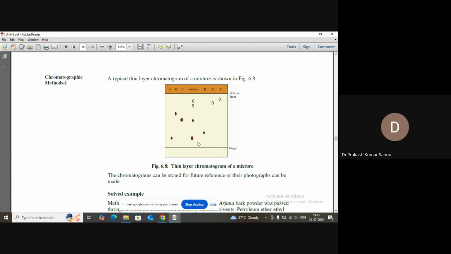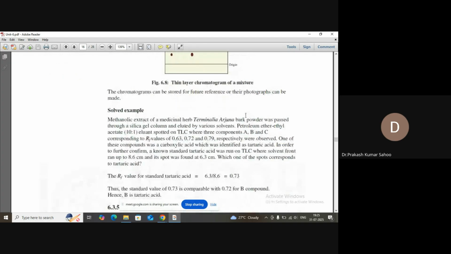According to their interaction or adsorption with the stationary phase, the slurry we have made with the silica gel, your different components get separated. So this is the mixture we have, with different components like A, B, C, D, E. That means six components are here.